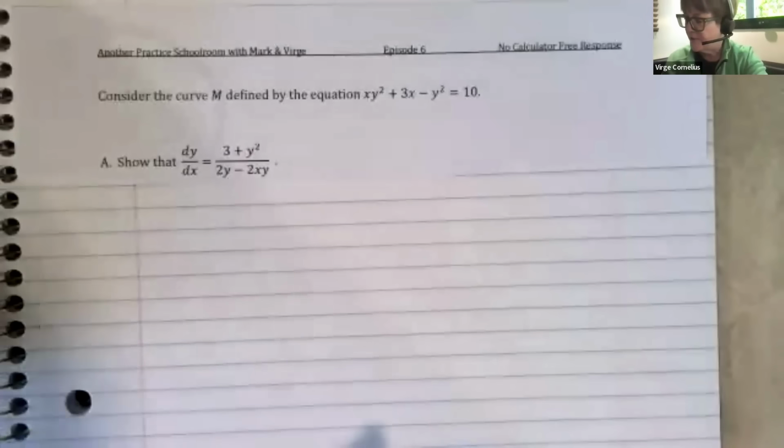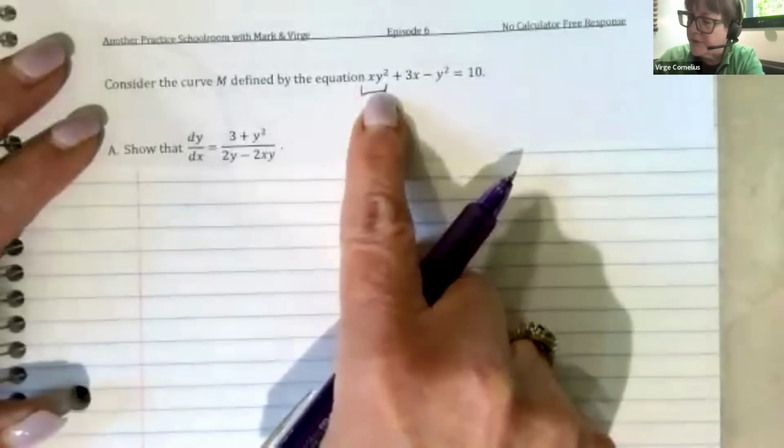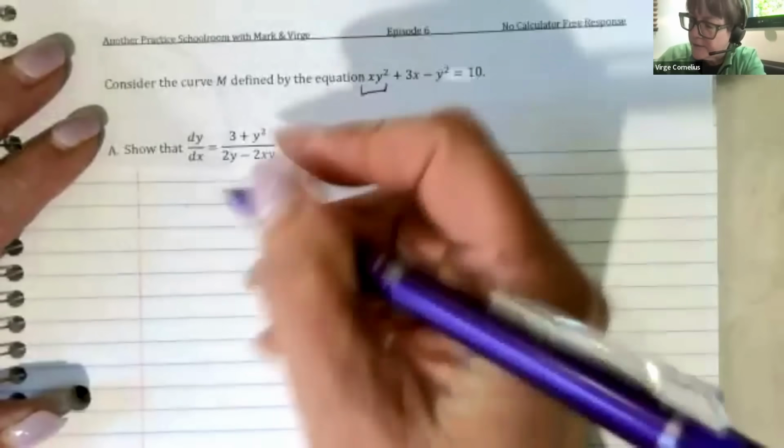For this product rule, I always say first times the derivative of the second. So I've got x, my first, times the derivative of y squared with respect to x, which is 2y dy dx. And then plus the second, which is my y squared, times the derivative of the first. Well, the derivative of x with respect to x is just going to be 1.